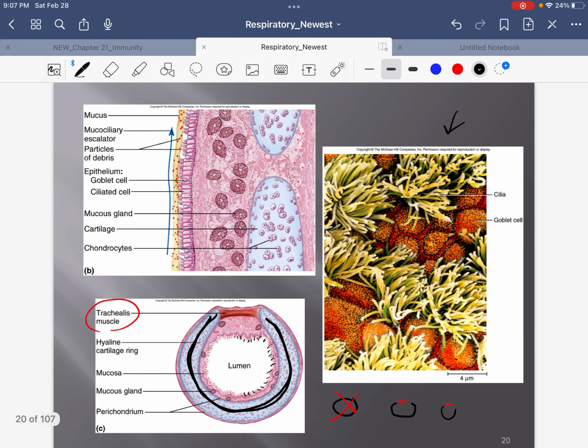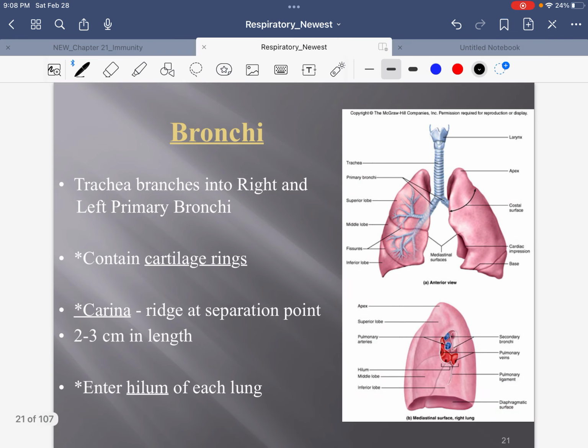As air goes through it, those little cilia trap foreign particles. See those little red things? Those are foreign particles. So we trap them in the cilia, and then there's some mucus. The mucus is the orange. So what happens is we trap those foreign particles, and then all the cilia move in one direction at the same time to push that foreign debris back up from your trachea, through the pharynx, through your nose, and then you blow it out.